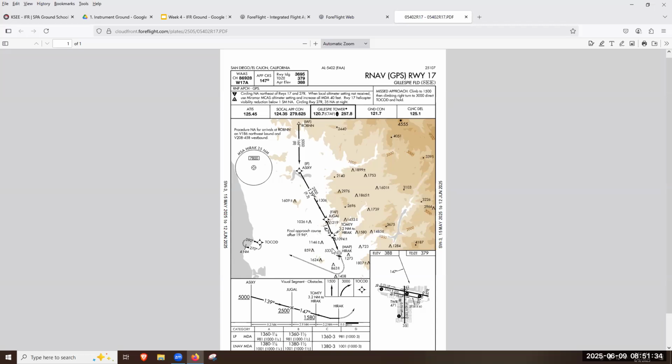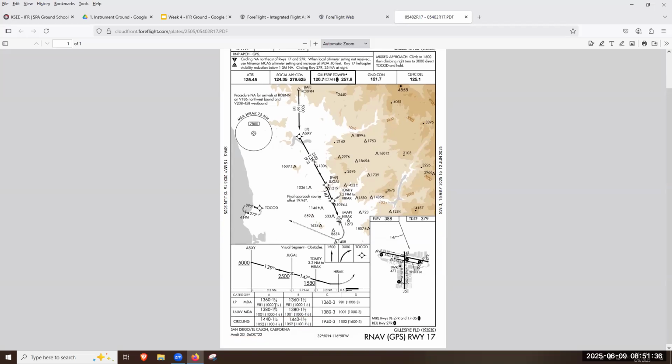The runway, straight in, as you can see, is 170. What's 170 minus 147? Is it more than 30 degrees? No, so you can do straight in. For this example, let's say winds are favoring runway 27. We always want to land into the wind, even if we think we could do a crosswind. If you have the option to land into the wind, do it. That's why there's a circling.